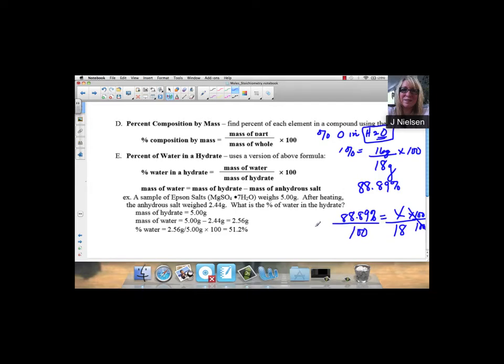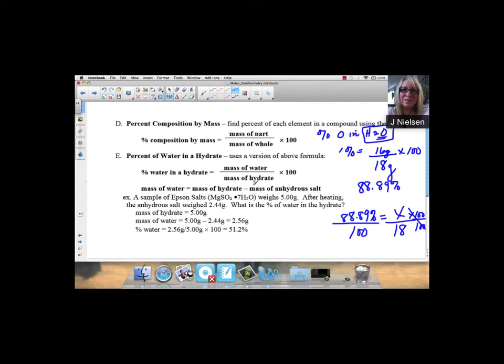Now if you want to cross multiply and divide, you can. You've got 100x equals 88.89 times 18, and you'll still come out with the right answer. But you've got to divide through by that 100 first.